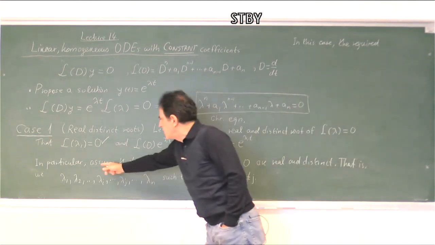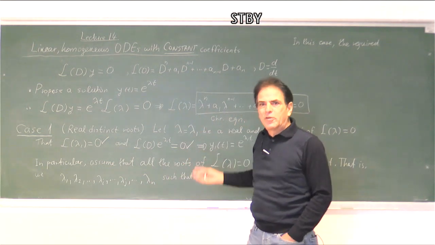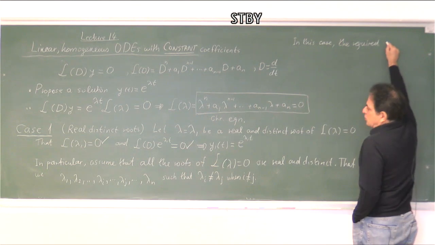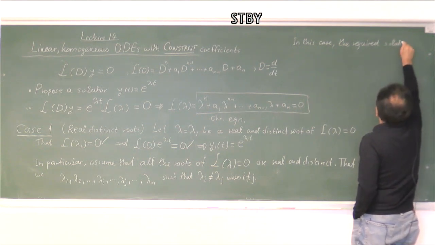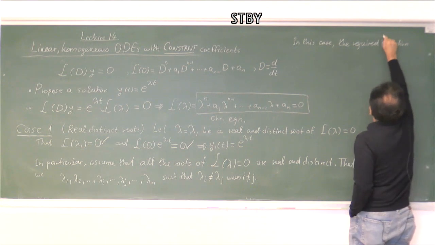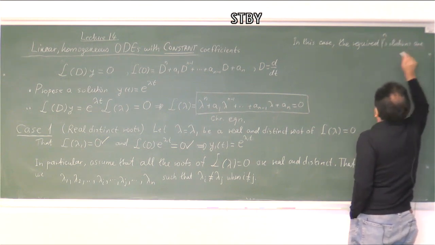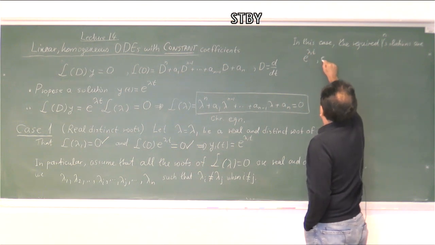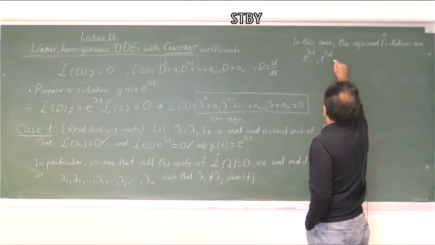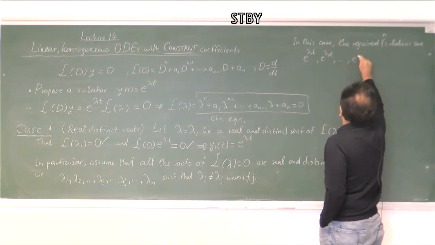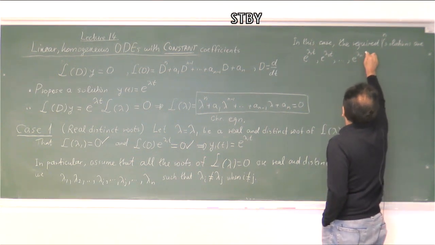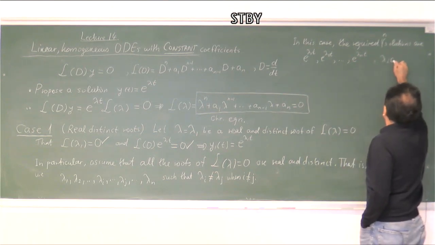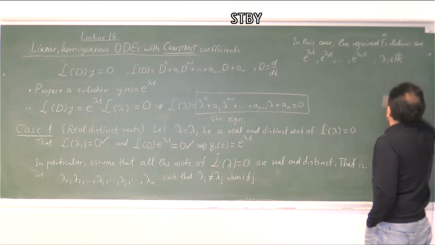Under the assumption that all the roots are real and distinct, the required n solutions are e to power lambda 1 t, e to power lambda 2 t, and finally e to power lambda n t, where the lambda i are all real.